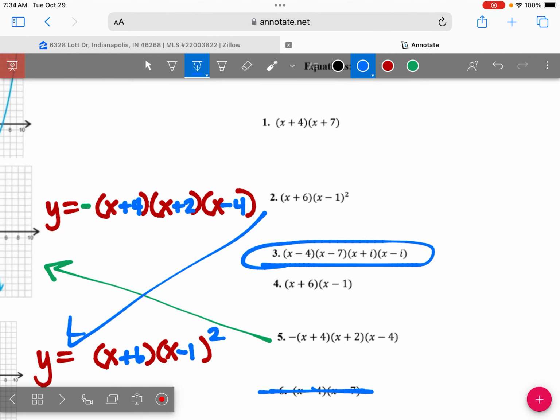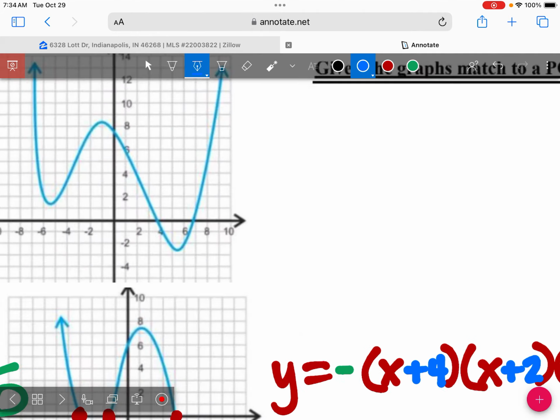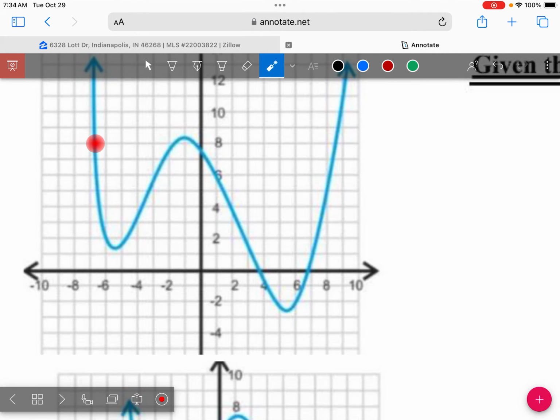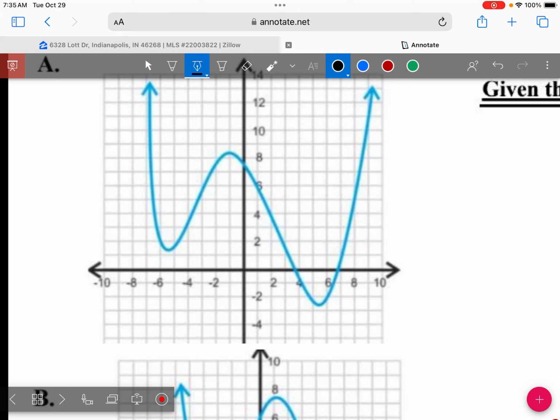And the reason why it's 3, do you see how right here, it comes down, but it doesn't come down far enough? And we talked about that yesterday. What does that mean? That means that you have two roots that are what? Begins with an I. Imaginary. So I have 2 imaginary.